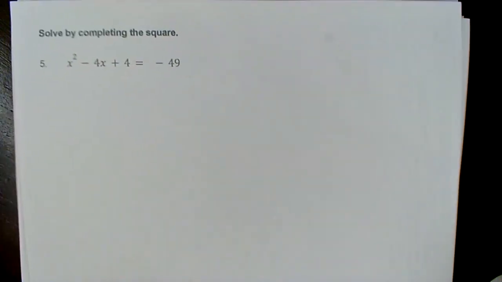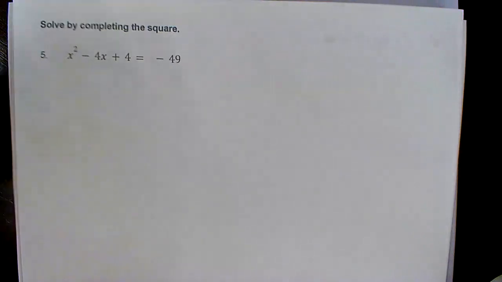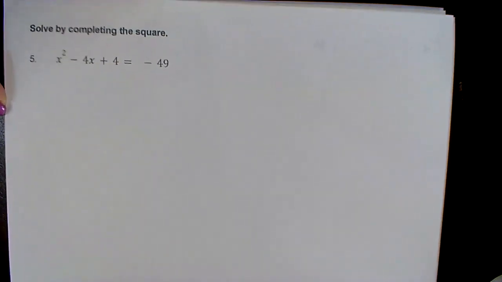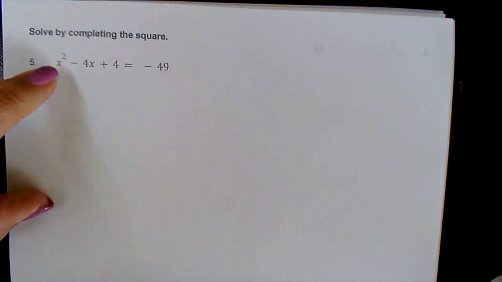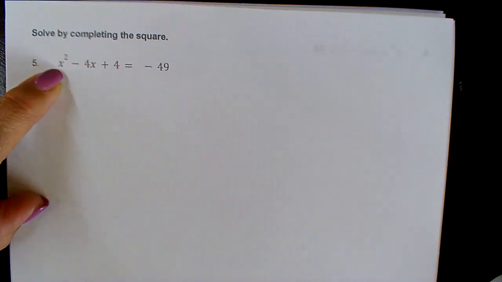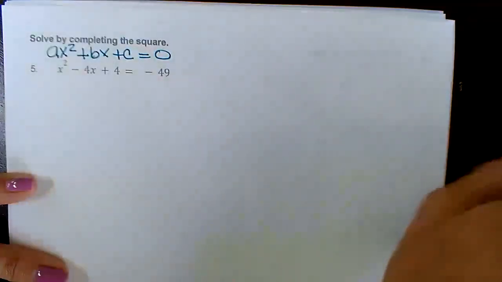Now, let's do 5. 5 says complete the square. So when we complete the square, remember that we have to have ax squared plus bx plus c equal to 0 in that form.